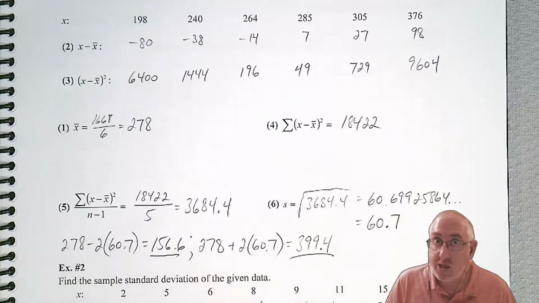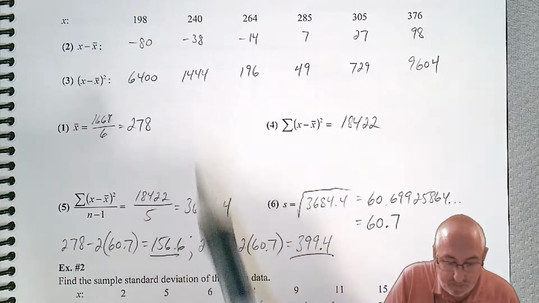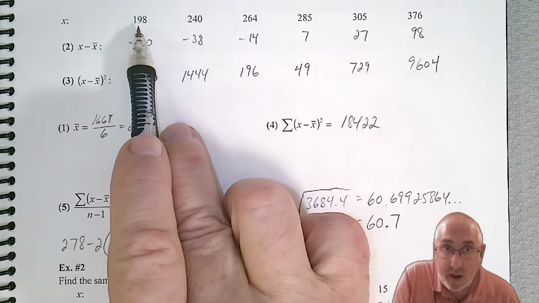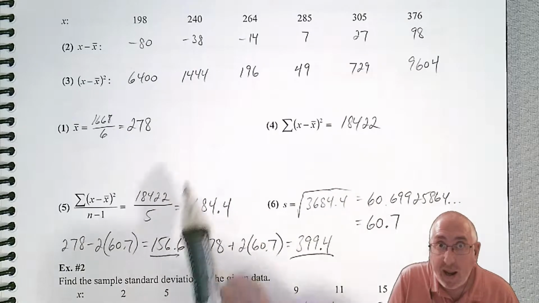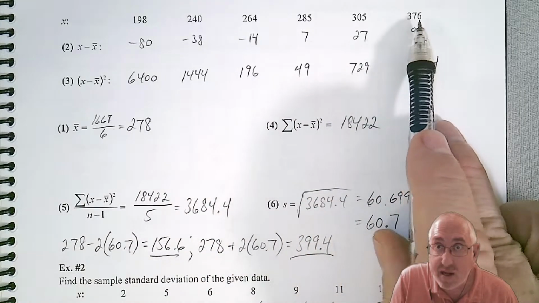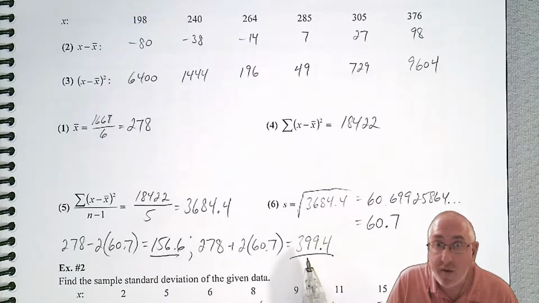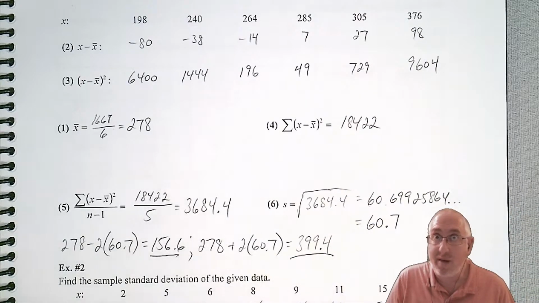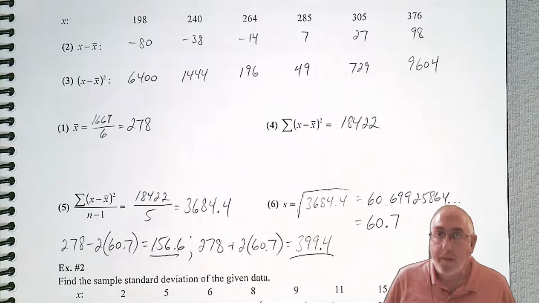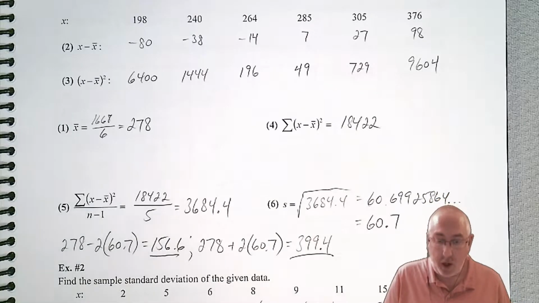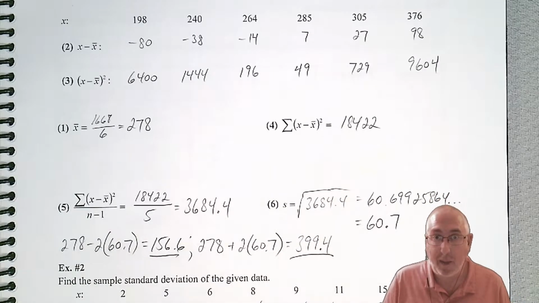Is that the case? Does at least 75% fall between? Well, 198 is the smallest number, so that's bigger than the minimum. And on the other side, 376 is smaller than 399.4. So not only does 75% fall between, but 100% falls between. That's actually a good thing. So we know that Chebyshev's theorem works for this first problem.